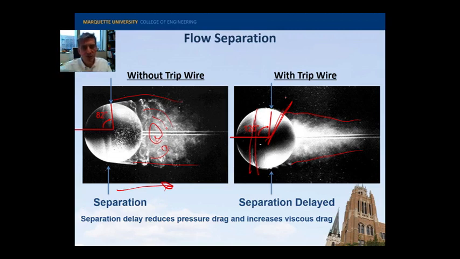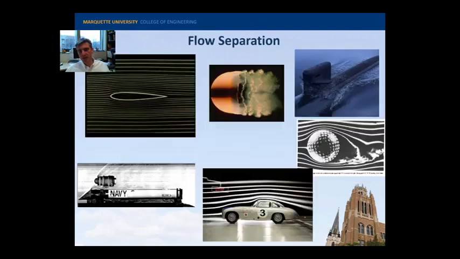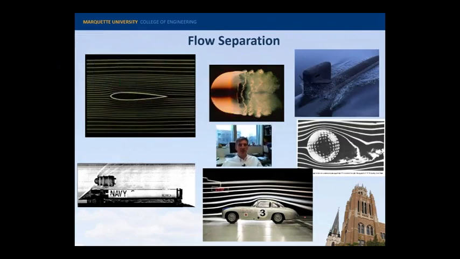You do suffer a little by inducing this turbulent flow and increasing the viscous drag, but the net result is lower overall drag. The reduction in pressure drag is greater than the increase in viscous drag. Again, we'll cover this to a much larger degree later.